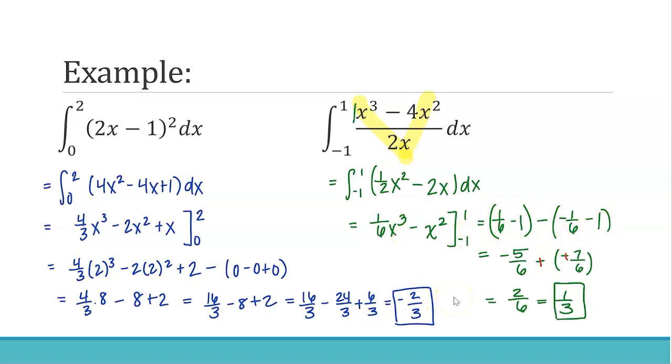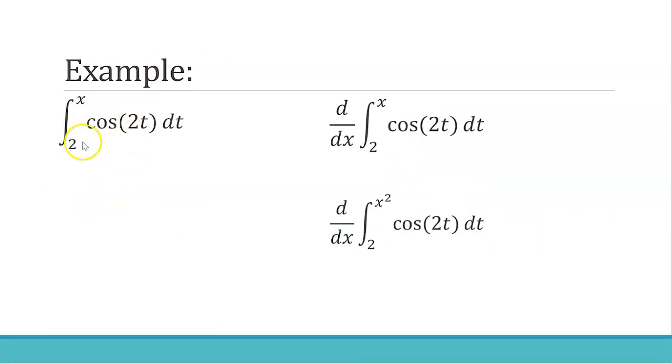In this next example, we have the integral from 2 to x of cosine of 2t dt. And here we are finding a definite integral, but there's no number in the upper limit of integration. It's just the variable x. But we're still going to proceed in the same way of finding the general antiderivative of the integrand, and then plugging in x, and then plugging in 2.